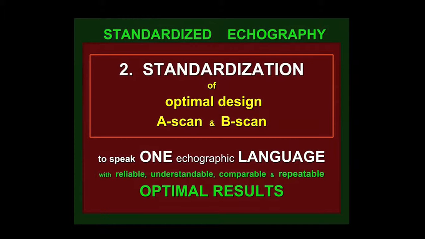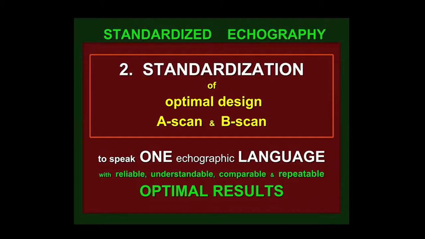This special design is also extended towards the examination techniques of both B-scan and A-scan. The special design of the A-scan instrument and of the B-scan and A-scan examination techniques involved in standardized echography are standardized. That's where the name comes from.